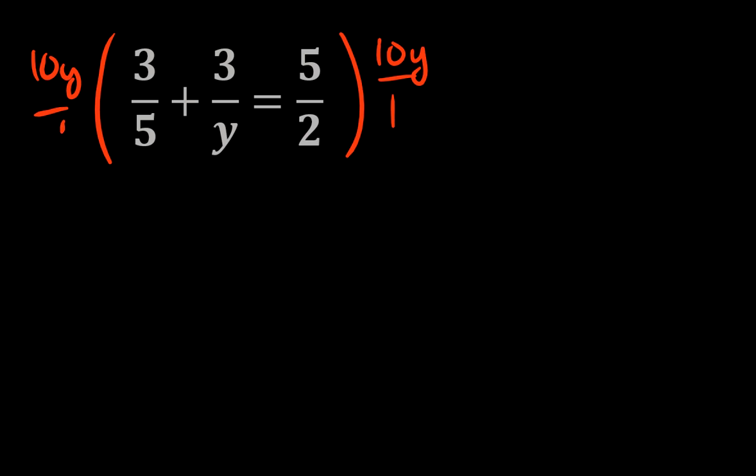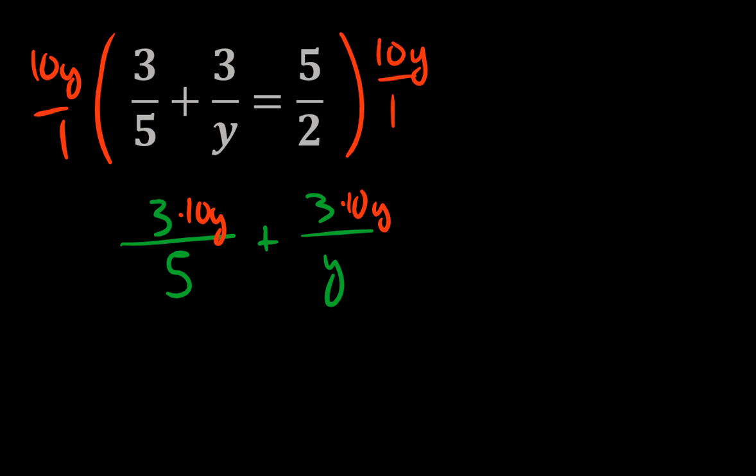10y over 1. So if I rewrite this, the first thing I have is the 3 over 5, but I'm bringing in 10y. And then I'm adding 3 over y, but let's not forget this is also going to get a 10y factor, times 10y.